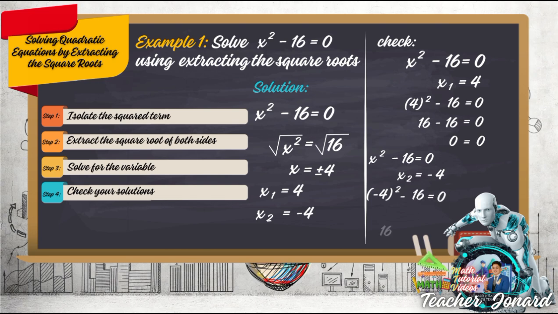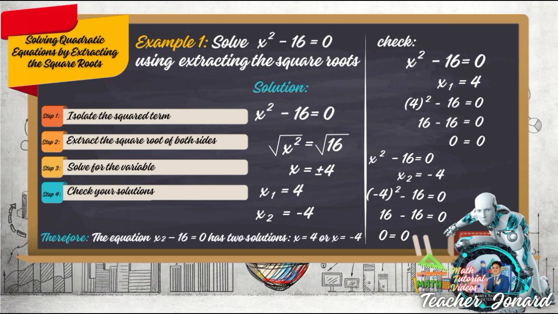Simplify, the square of negative 4 is 16, 16 - 16 is 0, 0 = 0. The equation is true, so negative 4 is a solution of x² - 16 = 0. Therefore, the equation x² - 16 = 0 has two solutions: x = 4 or x = -4.